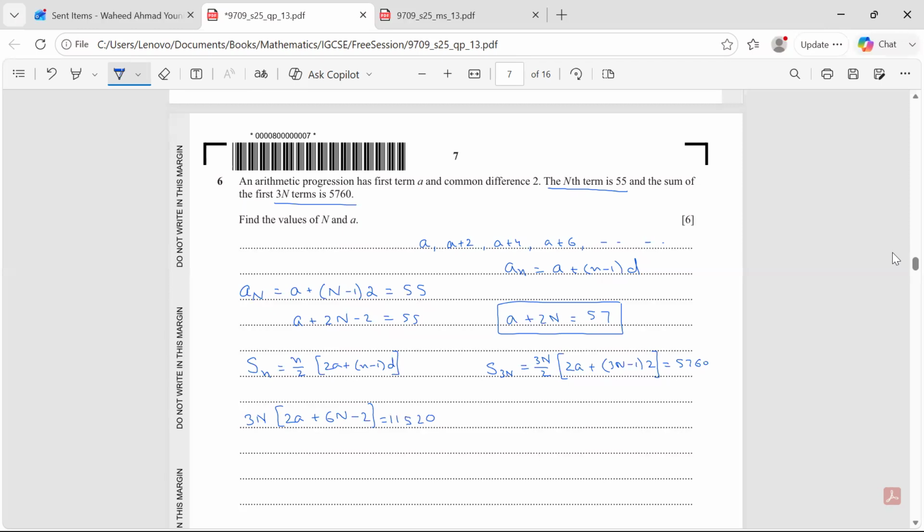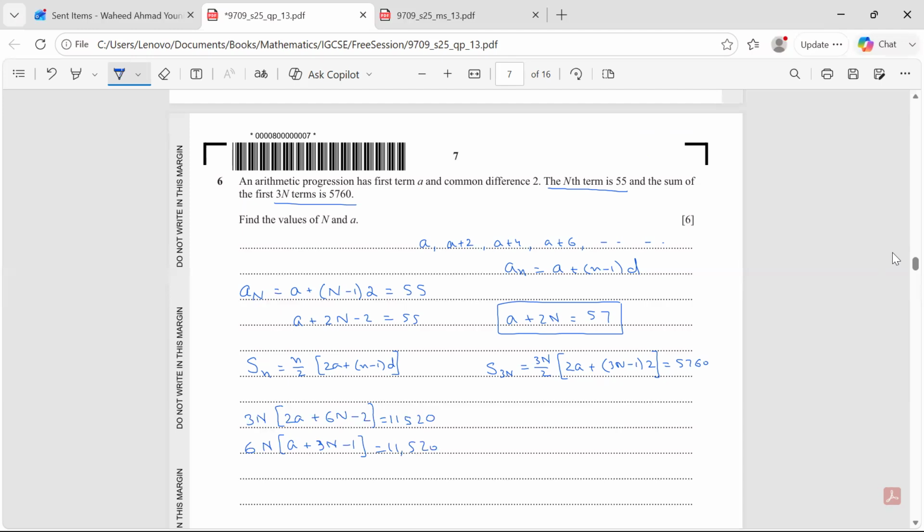Which is 11,520. Okay, if I take 2 common outside, and here I have a plus 3N minus 1, equal to 5,760.